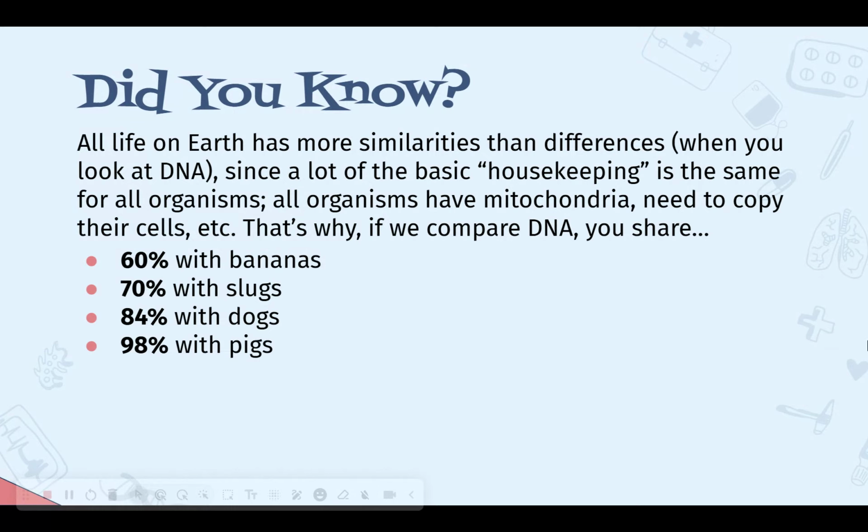Pigs are incredibly close to us. We share 98% of our DNA. That's why even when we're doing dissections in bio classes, we'll quite often do pig's hearts because they are essentially identical structures to humans. And that also means that we are looking at ways of actually using pig organs as donations to humans.